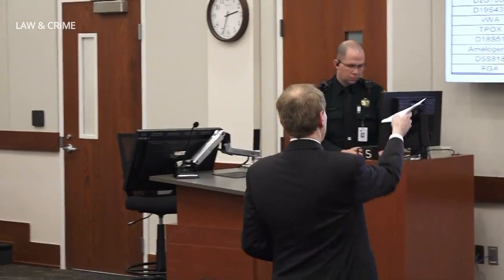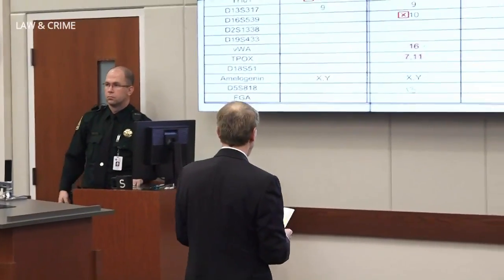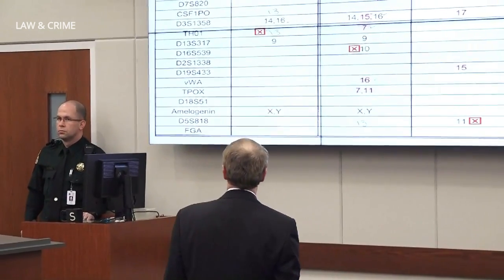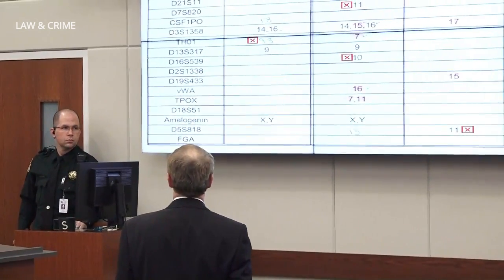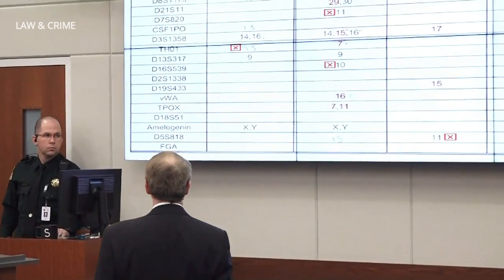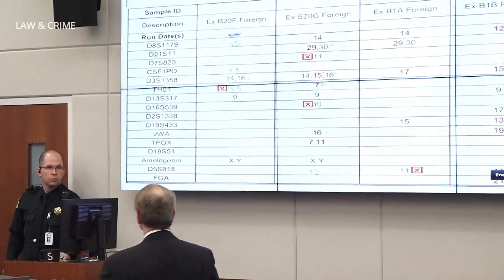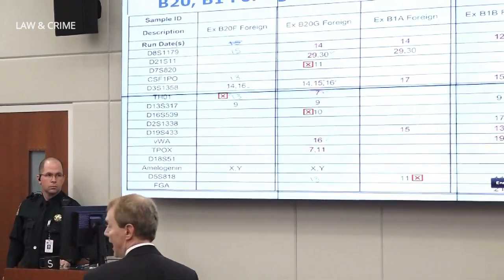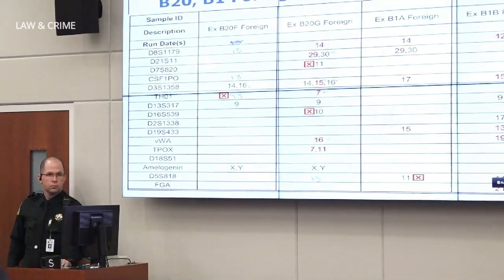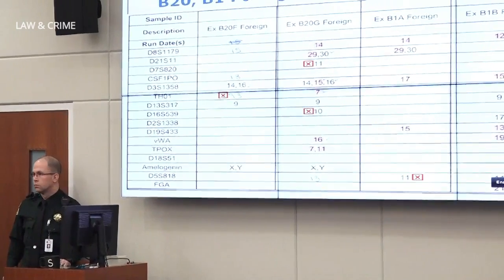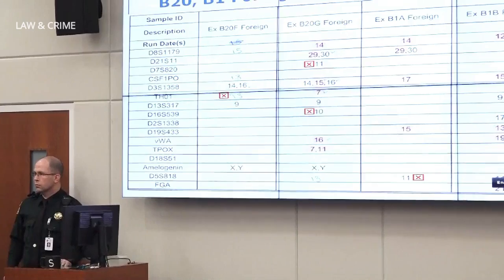Right here at TPOX, Russell doesn't have a 16, does he? At VWA, I'm sorry, you're right. VWA, I apologize. In VWA, Russell doesn't have a 16, does he? No, he does not. And right below that at TPOX, Russell doesn't have a 7 or 11. Is that correct?